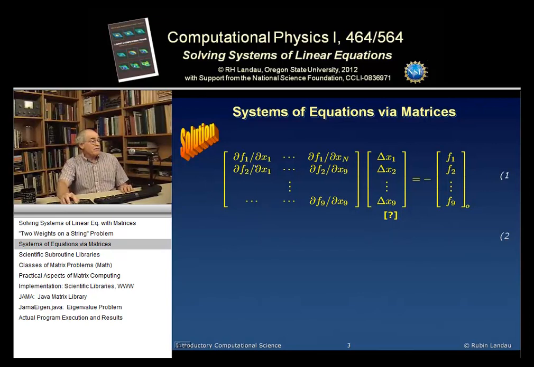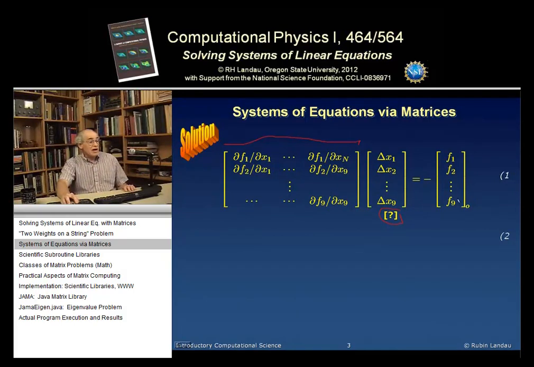Remember, here we have a matrix, a big matrix with derivatives, and we know every element in that matrix. Because we know the f's, those are just the equations we have to solve, and these are just the derivatives. And you can do those derivatives by hand, or you can let the computer do it, which is what we suggested. The unknowns here, with the question mark, are how much the x values differ from a first guess, which, us being clever types, we could figure out a fairly good guess.